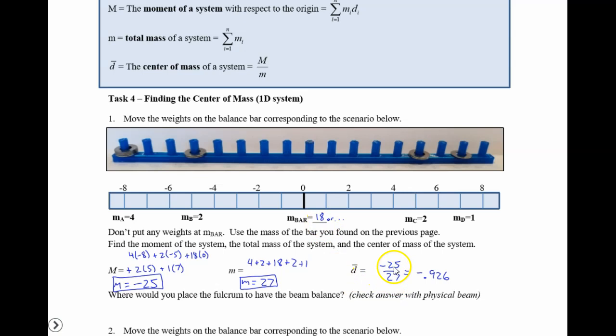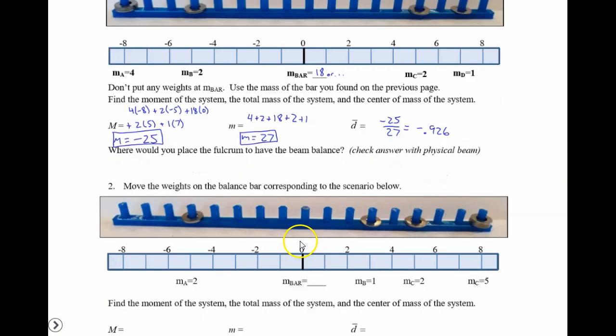Then your D bar, the distance of the center of mass from the center, is just that moment over the total mass. So -25 over 27 in my case, which is about -0.926. So I would go just a little short of -1. That's where I would want to center my fulcrum to make sure this balances.